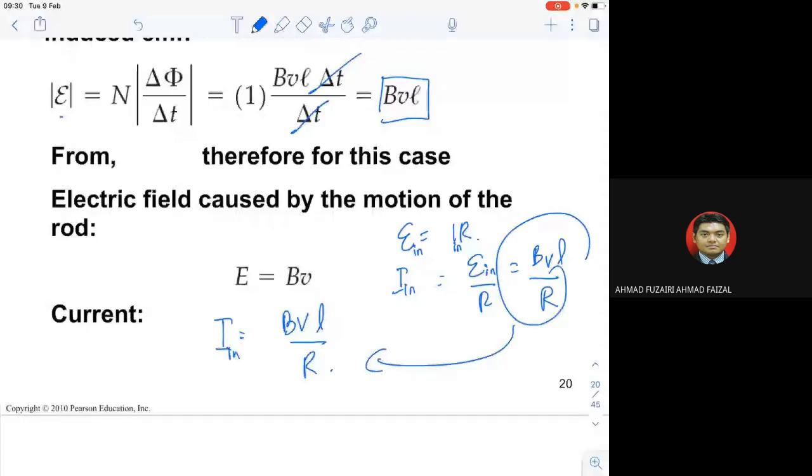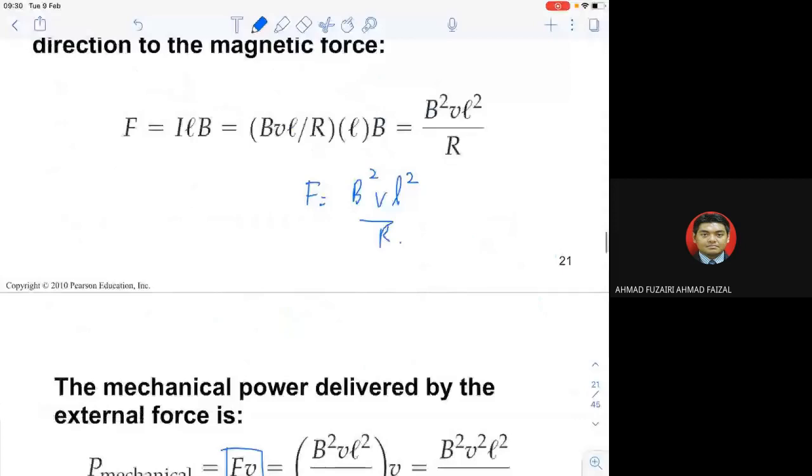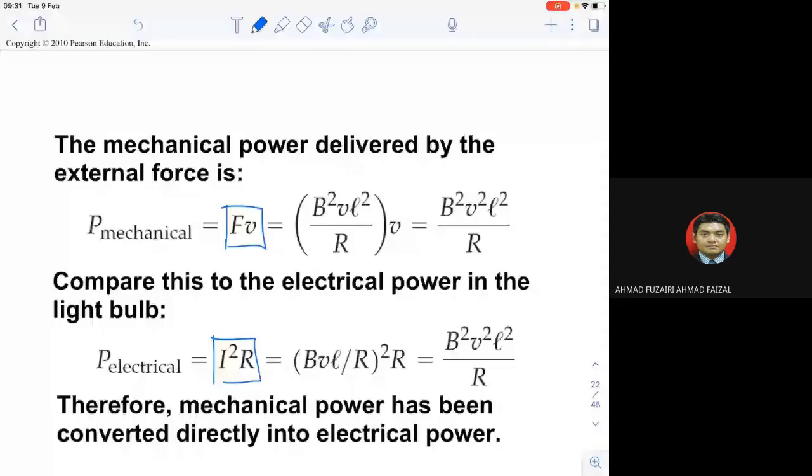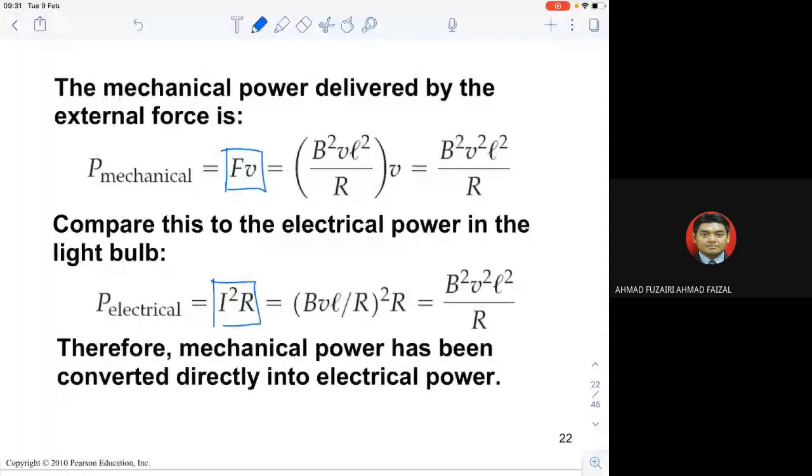So we can put it in here to get the same power. You can see that in the mechanical part, the power is B squared V squared L squared over R, and the electrical power also gives you B squared V squared L squared over R. This shows that the mechanical and the electrical power are the same when it comes to the induced current.